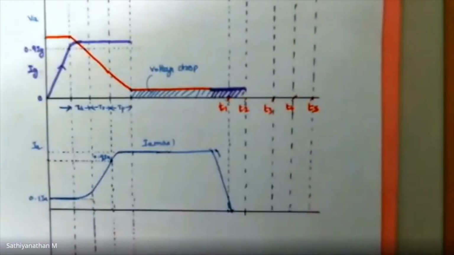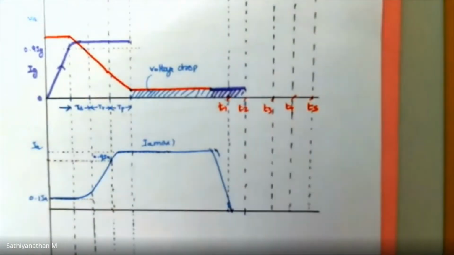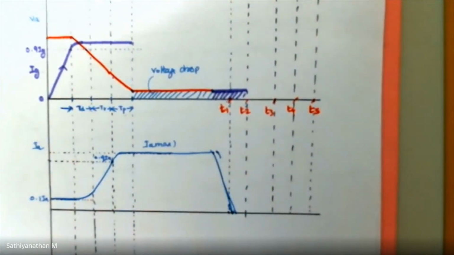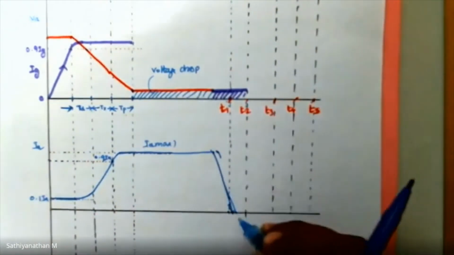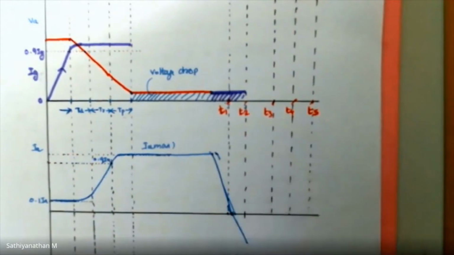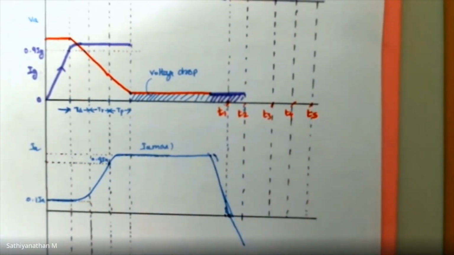Once it is neutralized, your current will become 0 and then increases in the negative side, because there is a transition in the junction during the T1 to T2 time period. So you will have some negative direction current.